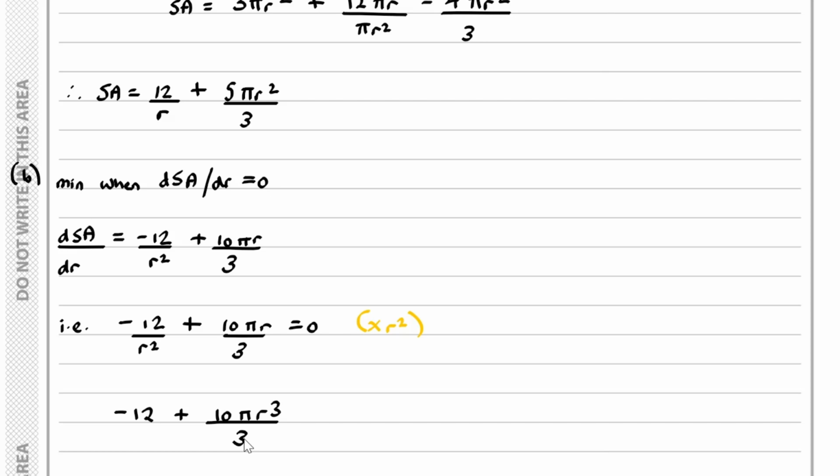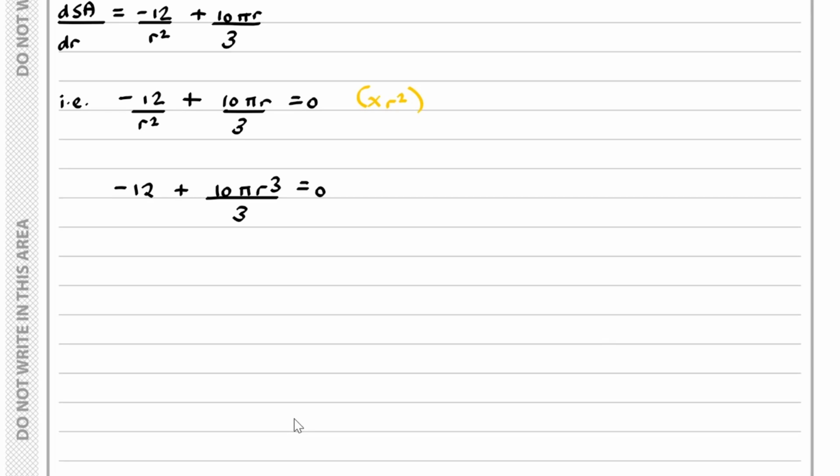That's equal to 0. Okay, tidying this up a bit more, we want to find out what r is, don't we? So if we tidy this up a bit more, we have 10 pi r cubed over 3. Actually, we can skip a step.